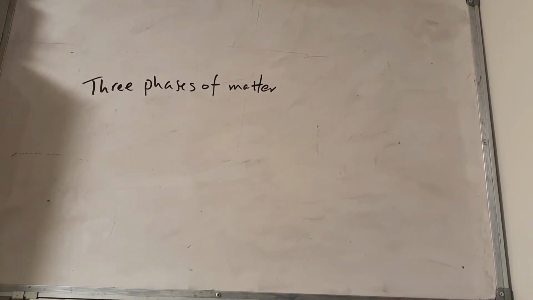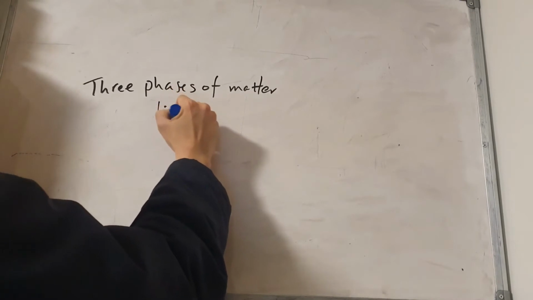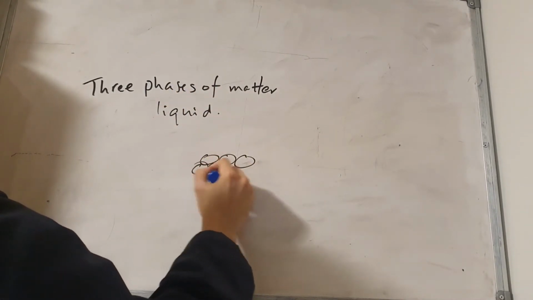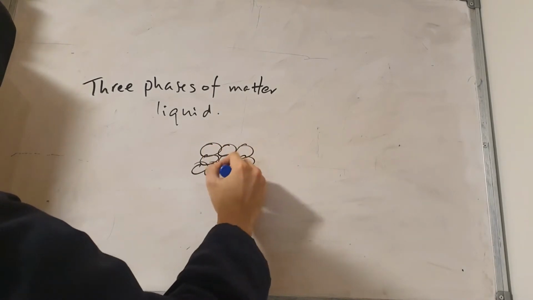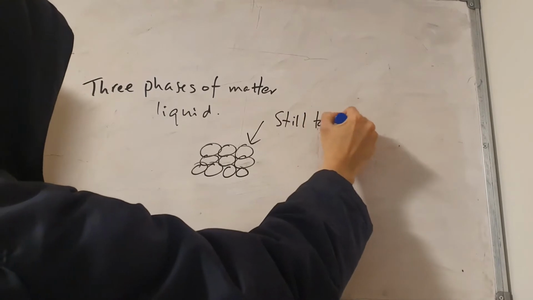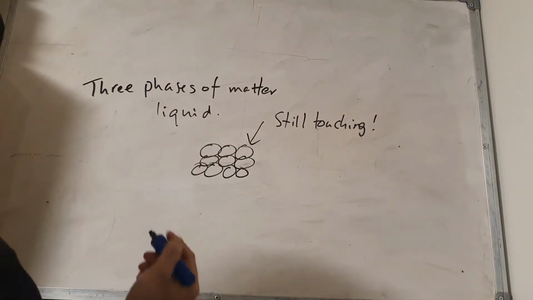And what about a liquid? The liquid is constantly moving. For the liquid, they are still touching. If they weren't touching, it would be a gas.